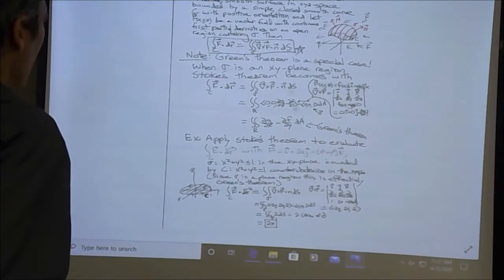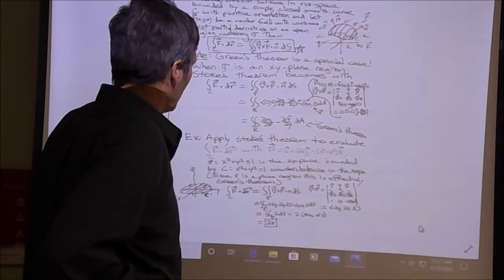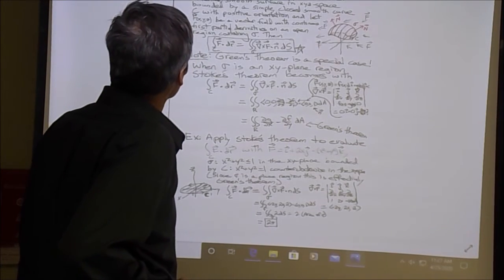Suppose sigma is an oriented, smooth surface in x, y, z space. Enlarge this a bit.